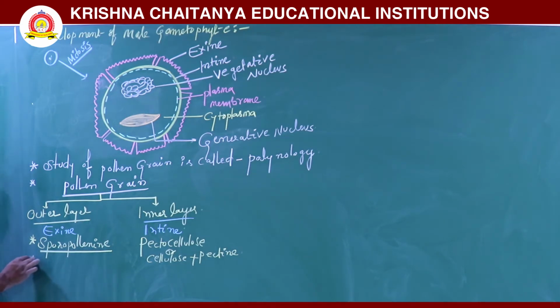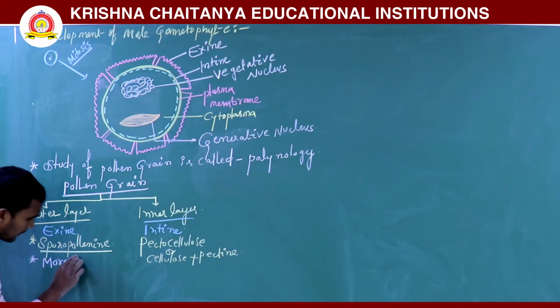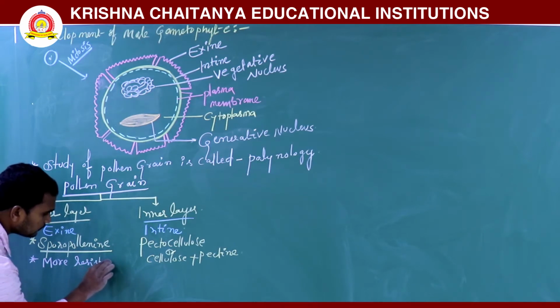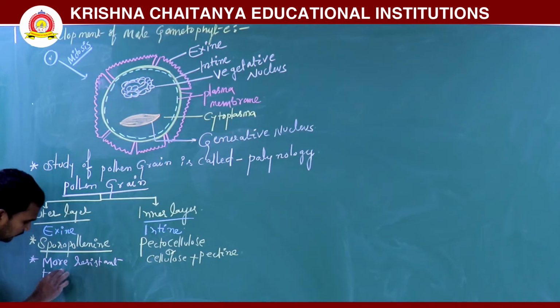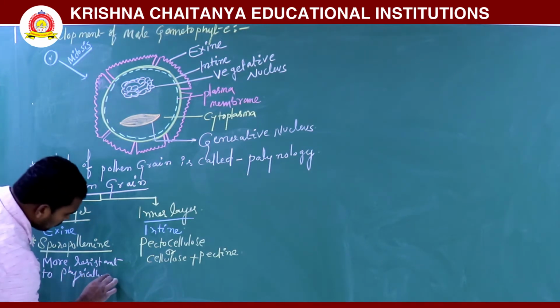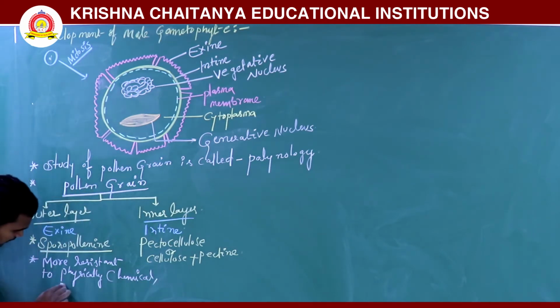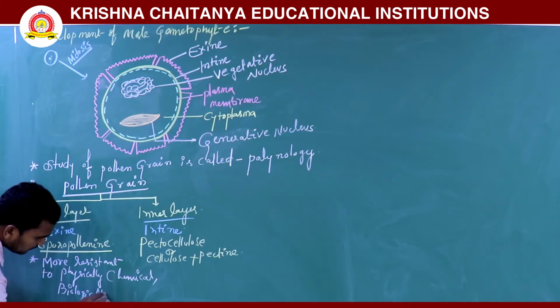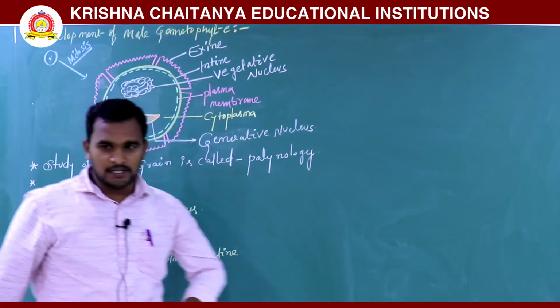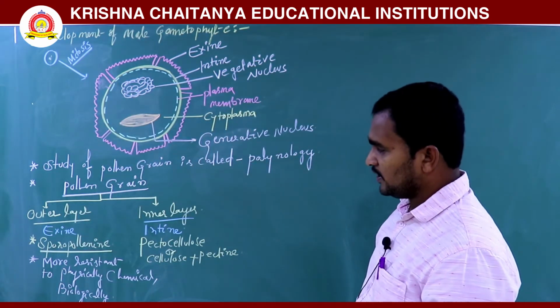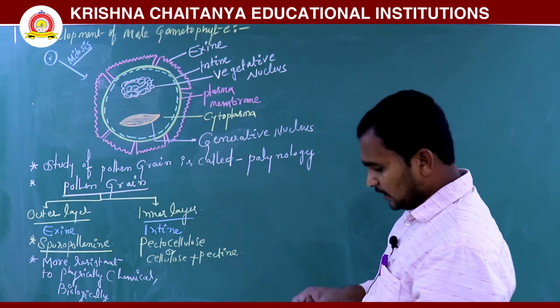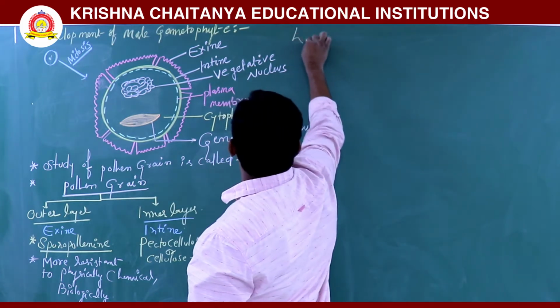The outer layer is more resistant: physically, chemically, and biologically. So here it is more resistant to the physical, chemical, and biological factors.